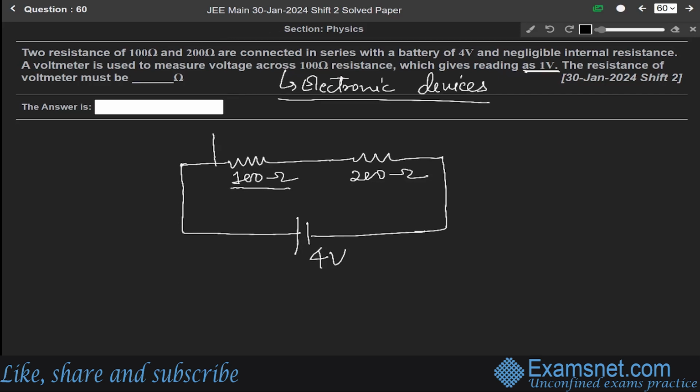The reading of the voltmeter here is 1 volt, and we have to find the resistance of the voltmeter having a voltage of 1 volt. Let us say we have to find the value RV.